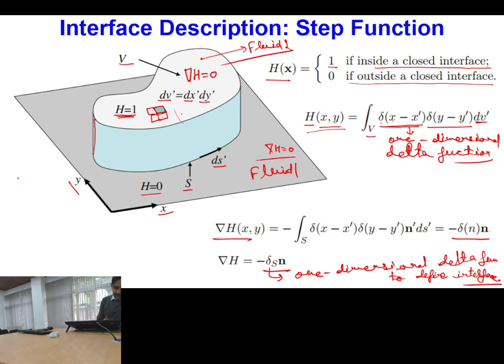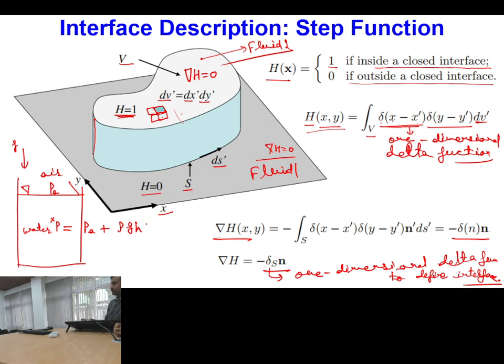Have you studied your basic fluid mechanics? In basic fluid mechanics, we say that if this is my pool, which has water over here and gravity is acting in this direction, and this is my air, then if PA is the atmospheric pressure at this point, the pressure at any arbitrary location P will be equal to PA plus rho g h.